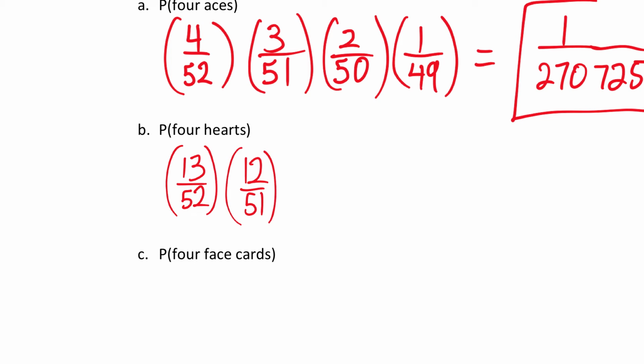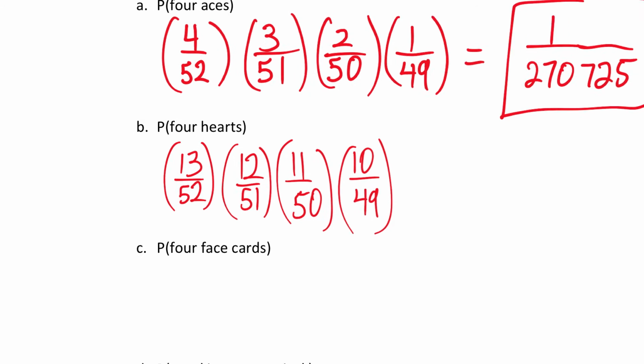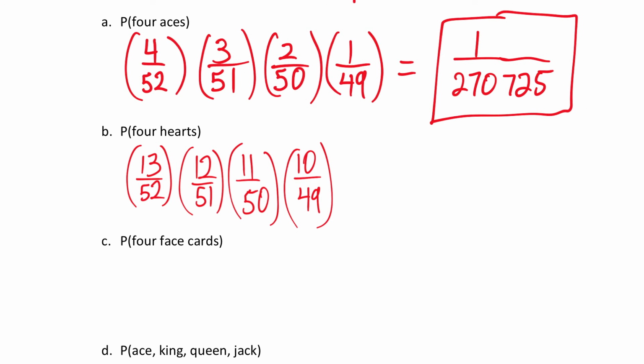If you get a heart the second time, what's the probability of getting a heart the third time? 11 out of 50, because there's one less heart, and then there's one less total. And then what's the probability of getting a heart the fourth time? 10 out of 49. And so what we're going to do now is just multiply all of those 4 fractions together.